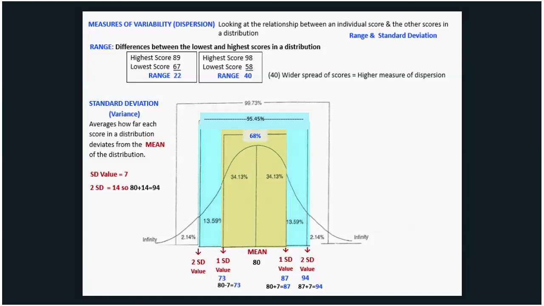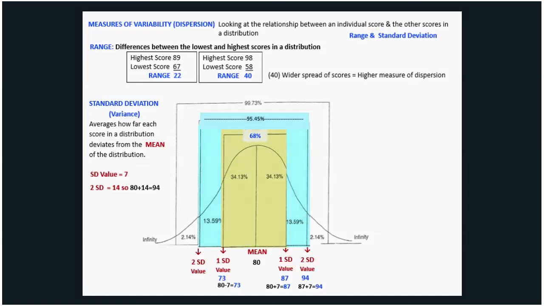Whichever way is easiest for you to figure, you could figure your standard deviations before you even start plotting. The standard deviation equals 7, so that's 1. 2 is 7 times 2, that's 14. 3 is 7 times 3, that's 21.